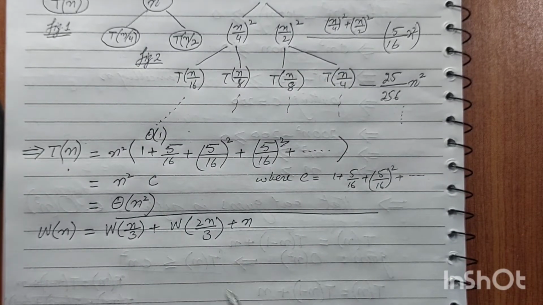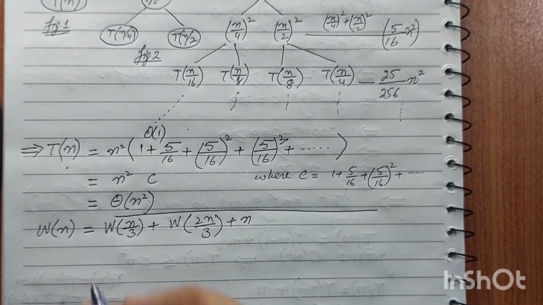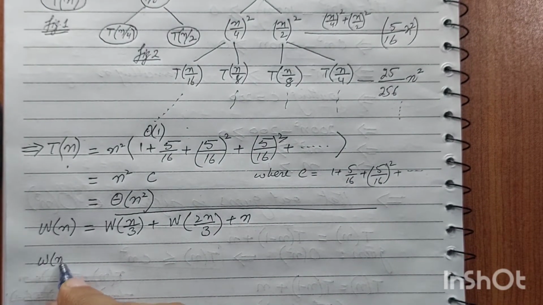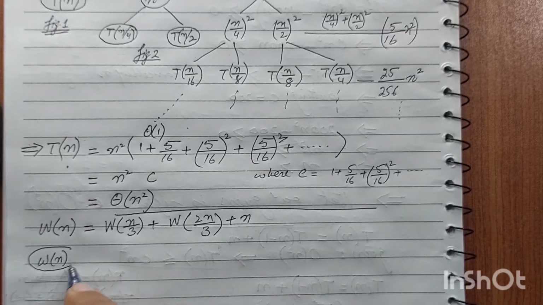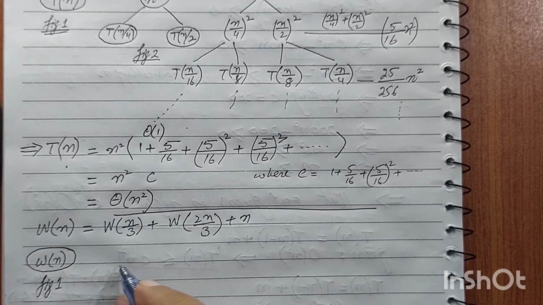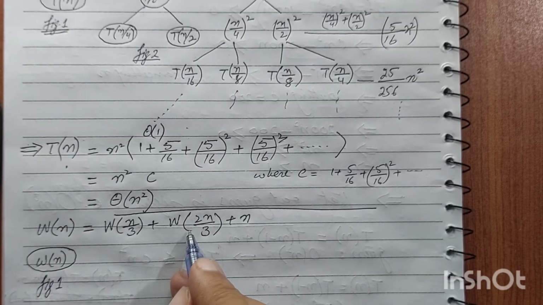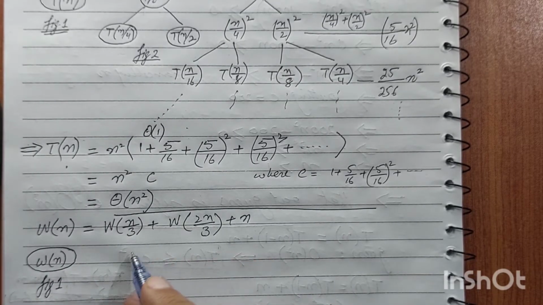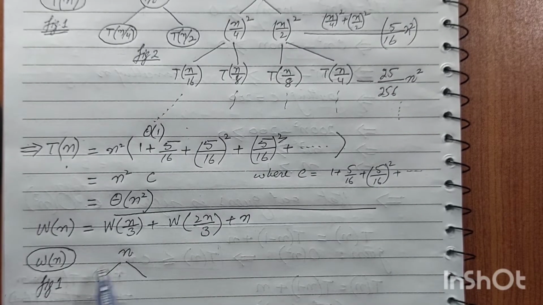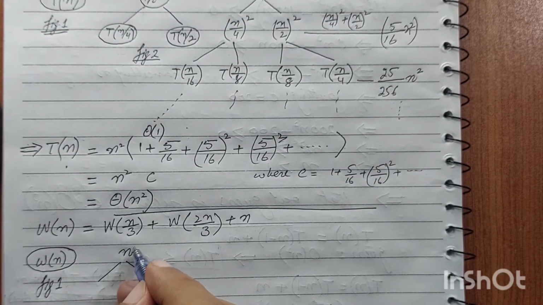So first we do the same process that we did there. So the first one would be, we need w of n. So this is our figure 1. Now replacing it with the left hand side, we will be facing the cost, that is n. Guys, please don't forget to mark the circles.